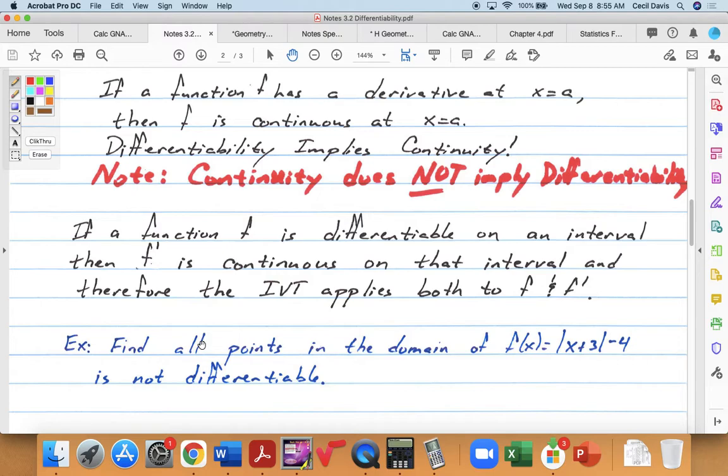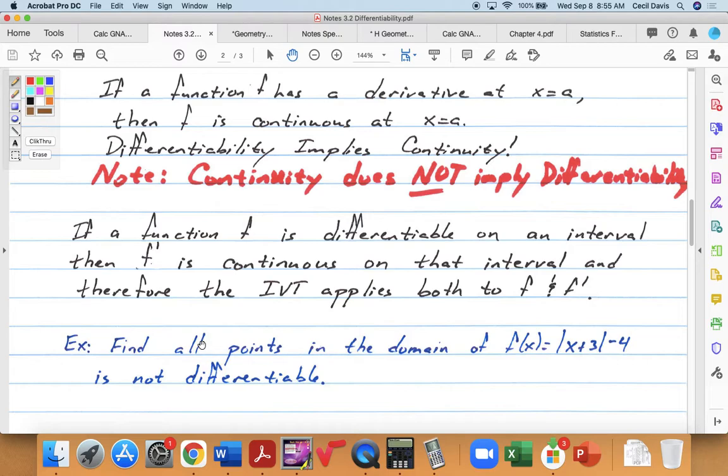Just look at our first, second, and third examples. All of those were continuous functions, but none of them were differentiable at x equals 0. So if a function is differentiable at a particular point, it is automatically continuous at that point. But the converse is not necessarily true. Just because a function is continuous at a point does not mean that it's differentiable at that point.